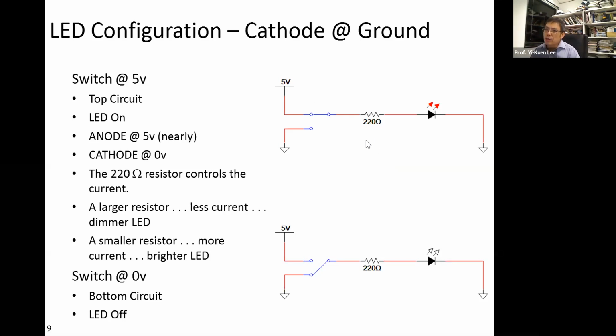Typically, if you have 220 ohm, which is actually very common in your Arduino kit, we do have this LED with the resistor, 220 ohm. Okay, so if you connect the LED to a resistor and then apply 5 volt on one side, the positive side, and the negative side of the terminal of the LED is connected to ground.